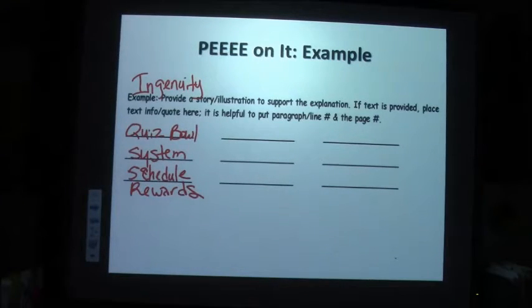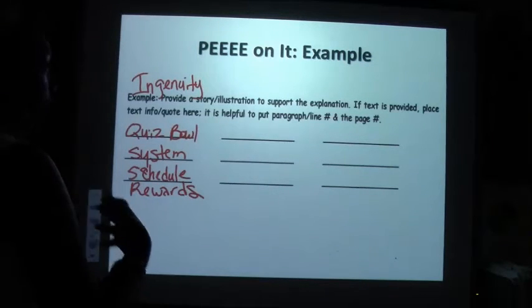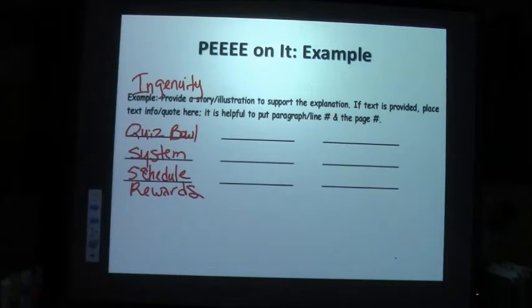And we came up with some very ingenious ways of making them want to participate, want to be accountable, want to succeed.